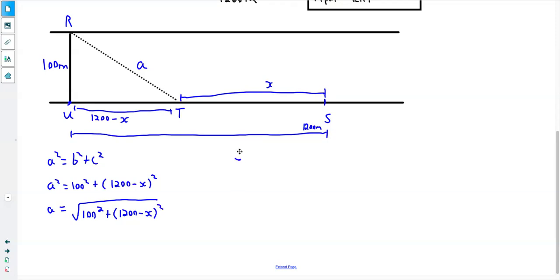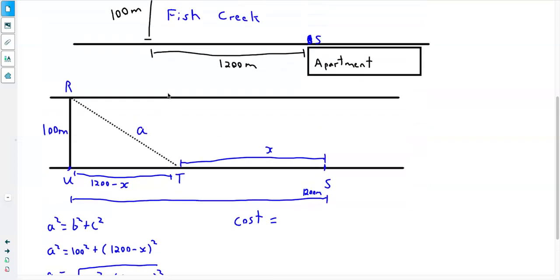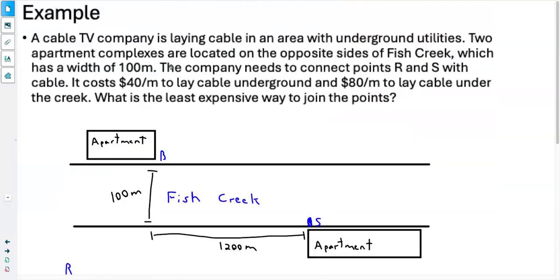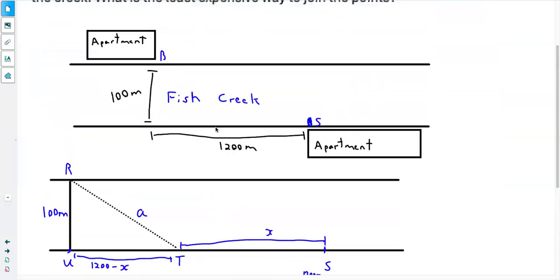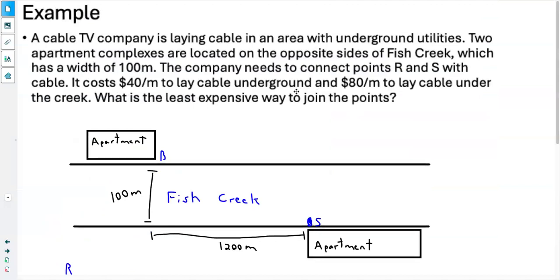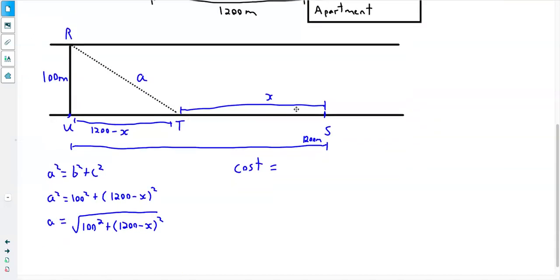Now we know our cost is going to be equal to our rate for going underwater, which would be 80 times our distance A, as well as our $40 a meter times whatever this distance here is.